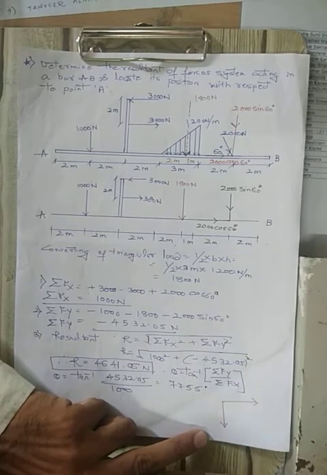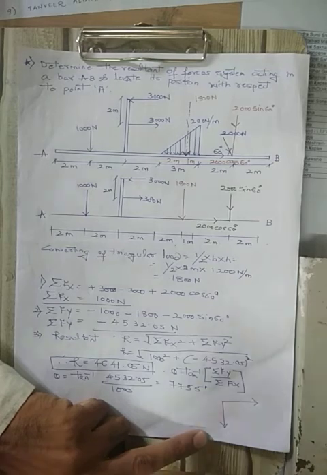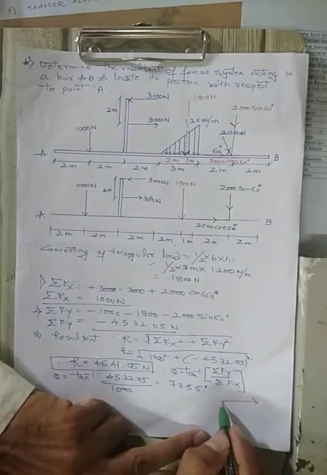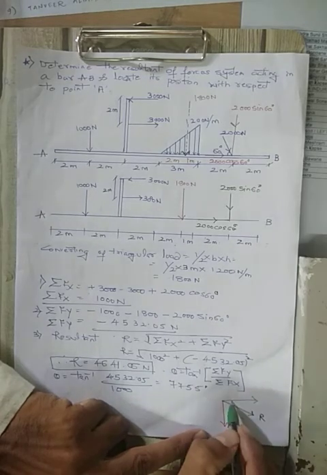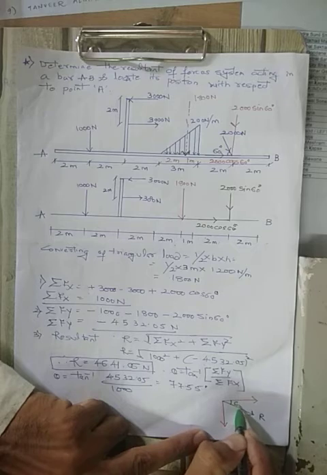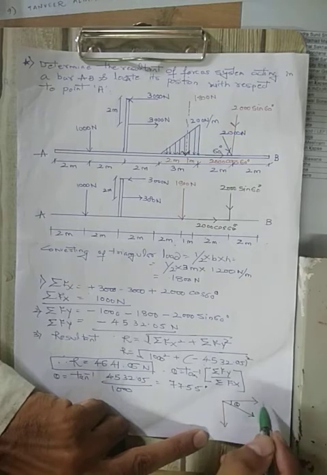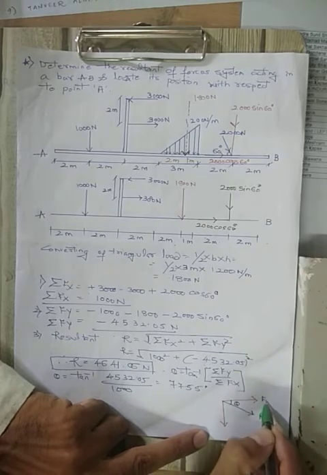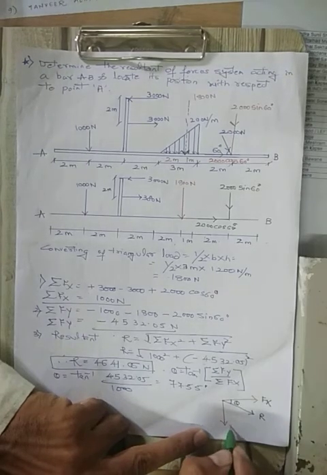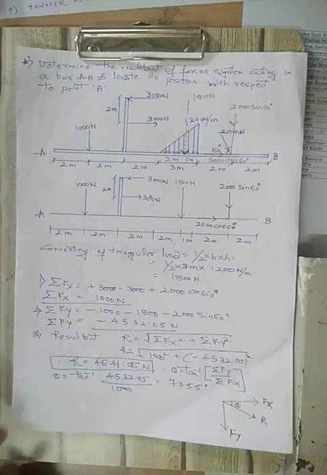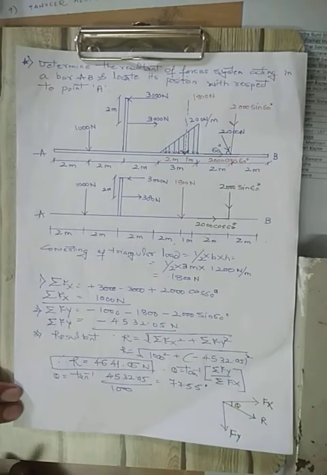That means the resultant lies in the fourth quadrant. This is nothing but the resultant, and the angle made by the resultant is 77 degrees. This is summation of Fx, and this is summation of Fy. The resultant lies in the fourth quadrant.